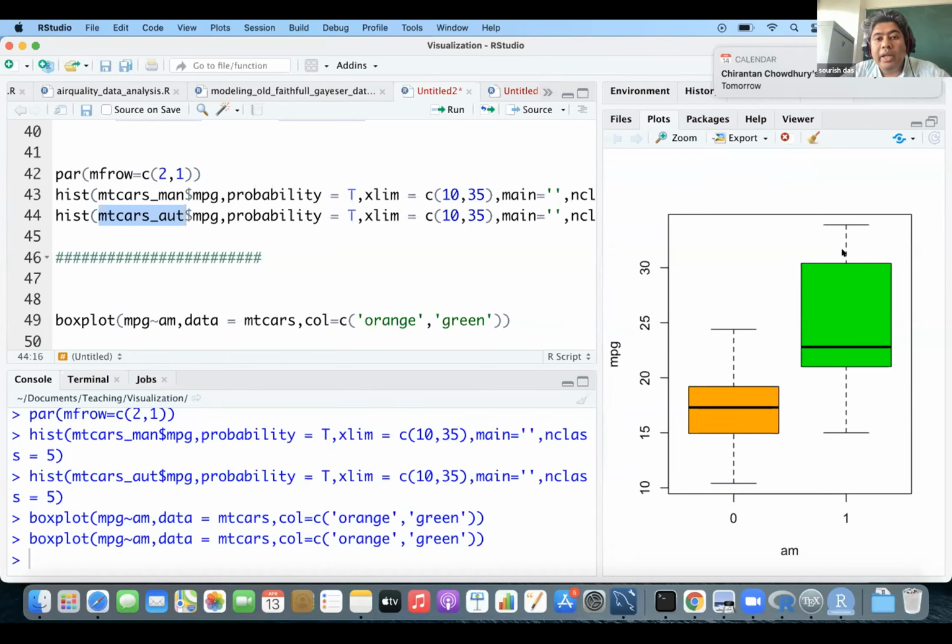All right, next is, so this is two ways of presenting the same information effectively, but in two different ways.